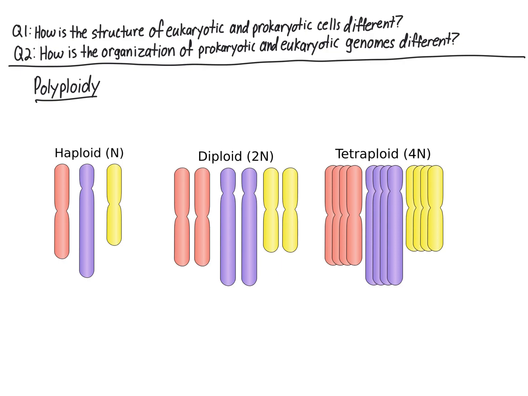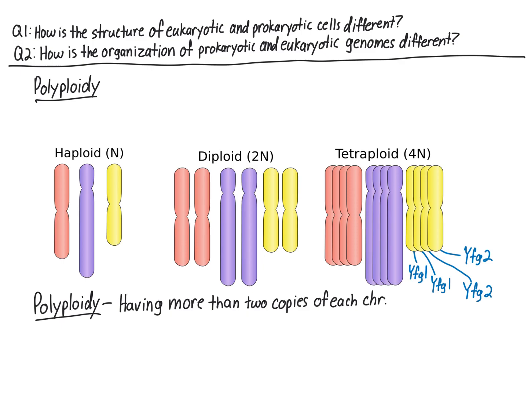As you've seen, haploid cells have 1 of each chromosome, diploid cells have 2 of each chromosome, but some species, especially plants, have more than 2 copies of each chromosome and, therefore, have more than 2 copies of each gene. Having more than 2 copies of each chromosome is called polyploidy. The prefix poly means many.